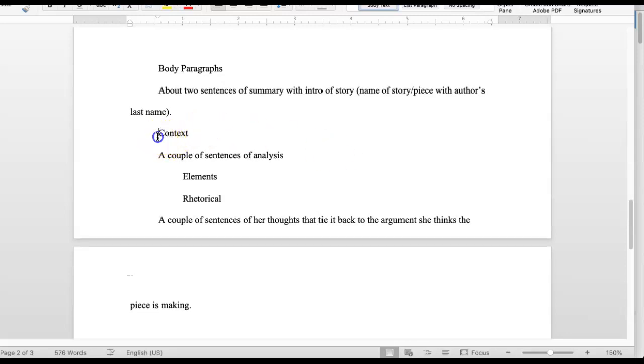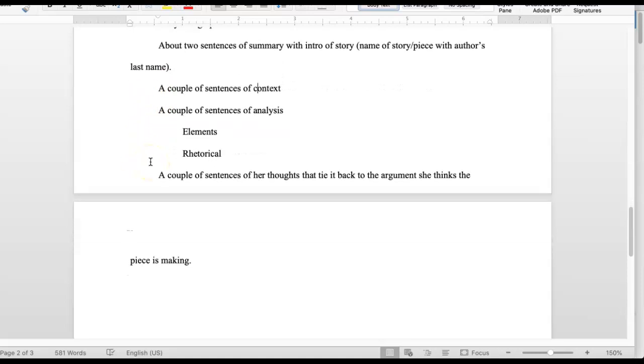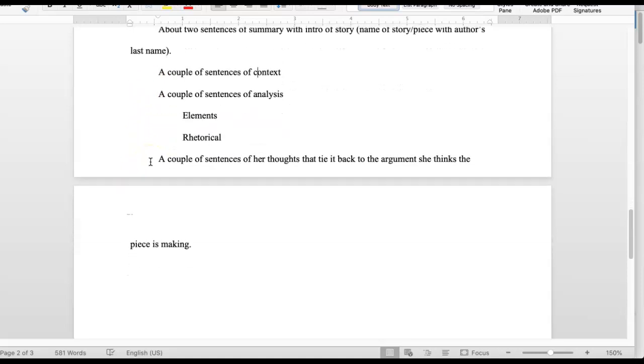You're going to want to give a couple of sentences of context. And we talked about earlier what that is. Then you're going to want a couple of sentences of analysis. If you're actually doing the piece that we read for class, you're going to definitely want to use maybe one of the elements, whether it's the elements of argument or the elements of fiction or poetry, depending on what we read.